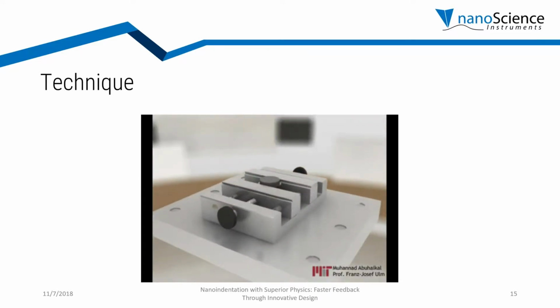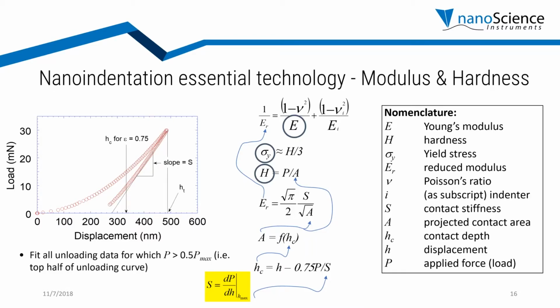Now we understand that during the process, what we are measuring is load and displacement. We get this data and we do some post-processing. We apply some contact mechanics, and that helps us calculate the modulus, the hardness, the yield stress, the reduced modulus, and all other properties that I mentioned in my earlier slide.